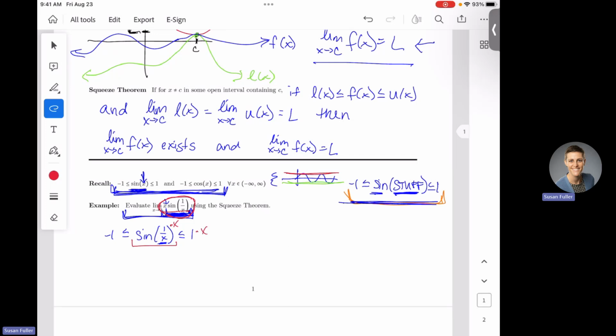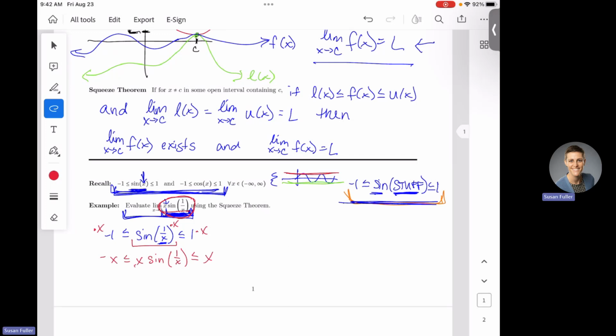I have to multiply this by x, and this by x. And from there, now I can go forth. Once I multiply everything by x, I'm going to get negative x is less than or equal to x times the sine of 1 over x, and that's going to be less than x over here.